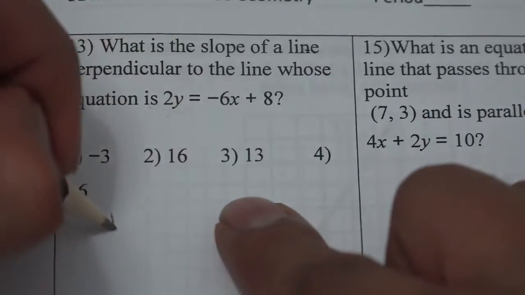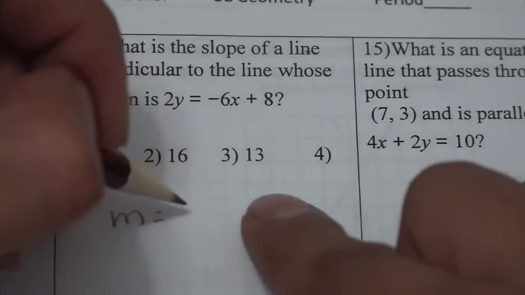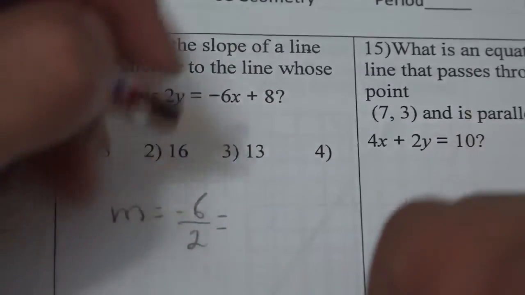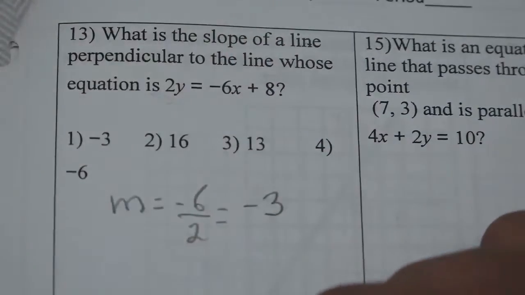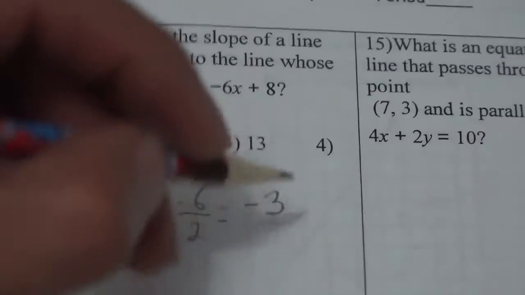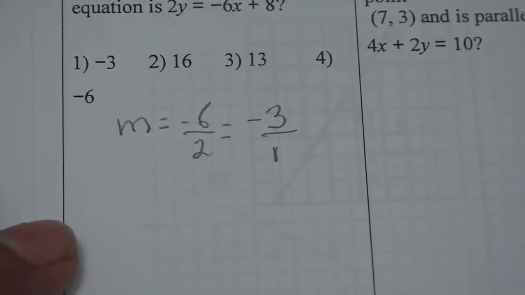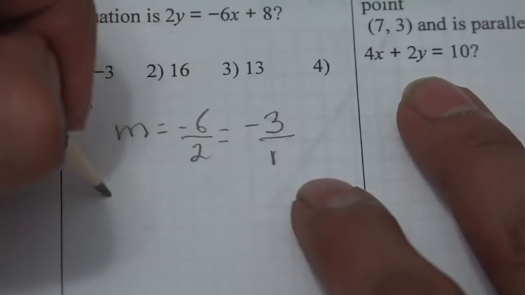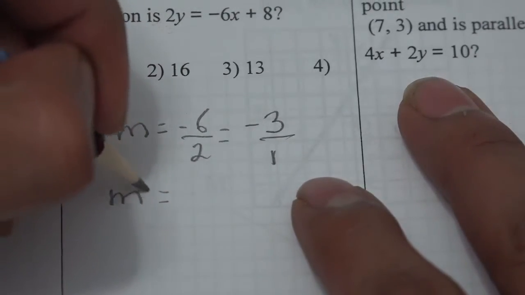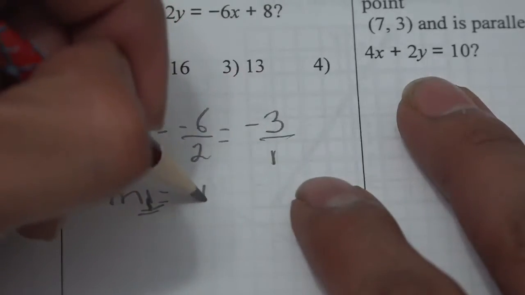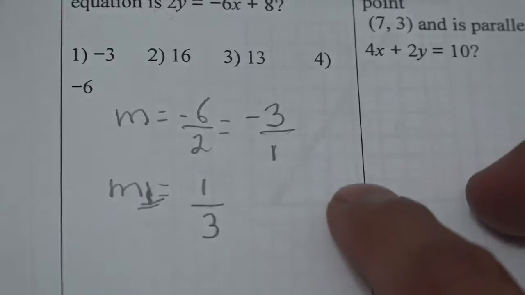Negative 6 over 2 translates to 6 divided by 2 is 3, so negative 3. Now, I need a perpendicular slope. So it's positive 1 over 3. Okay.